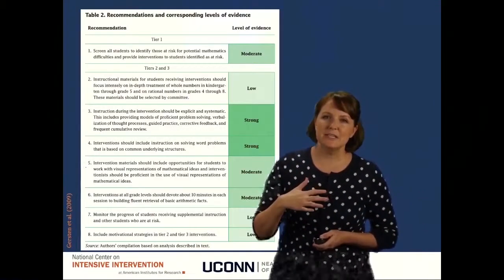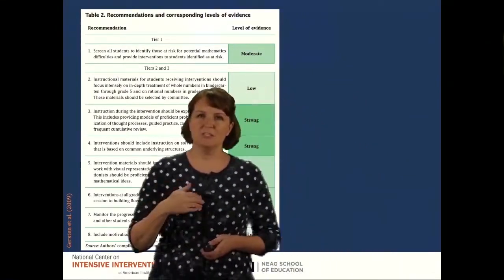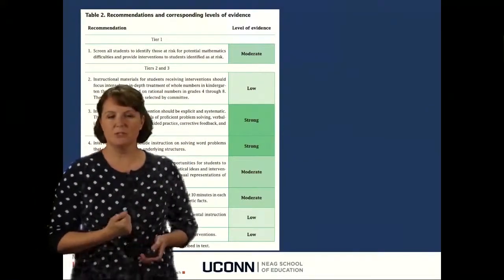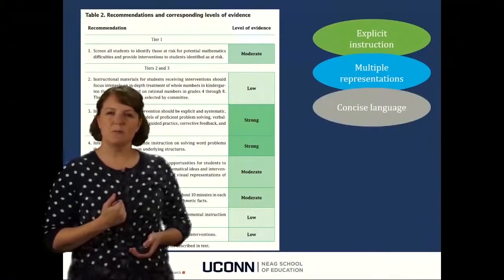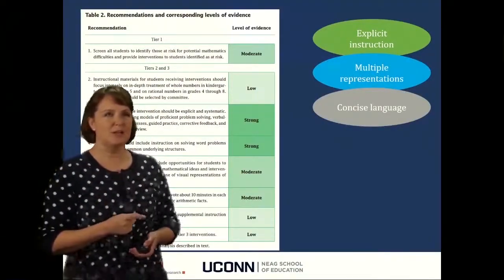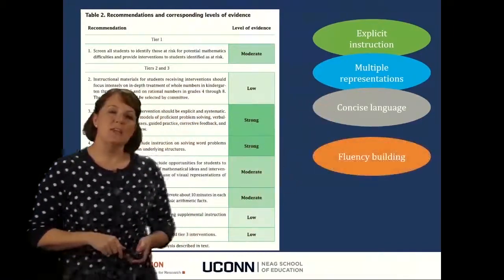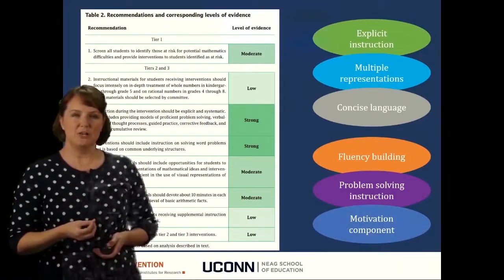So we are winding down here. Remember, we've also got you to think about adaptations to make sure that you are doing everything that we know is really helpful for students with math difficulty. So teaching explicit instruction, using those multiple representations, being concise with your language. So those are all around the delivery of instruction. And then including fluency building, problem solving, and a motivation component.